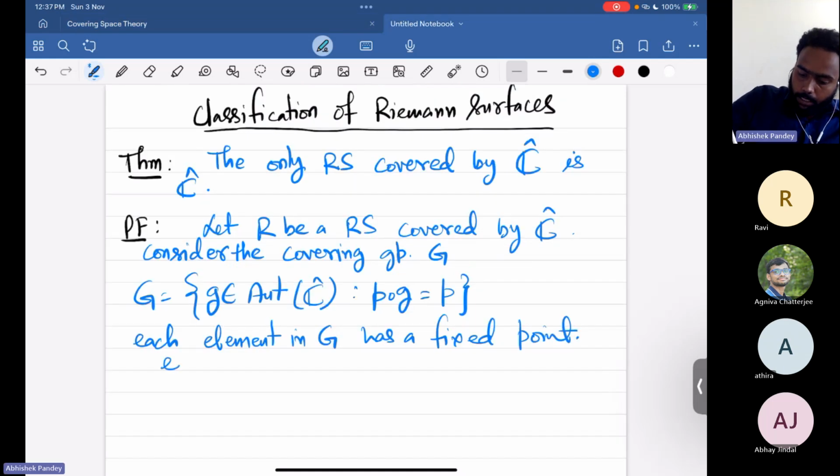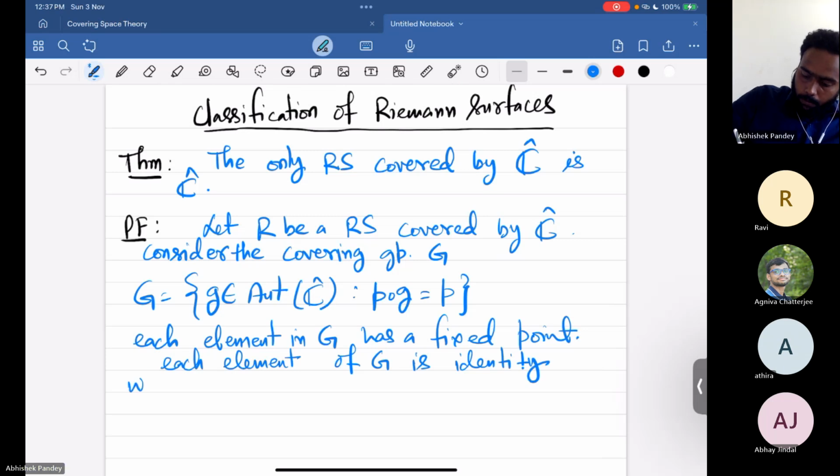So basically, it says that each element of G is the identity.